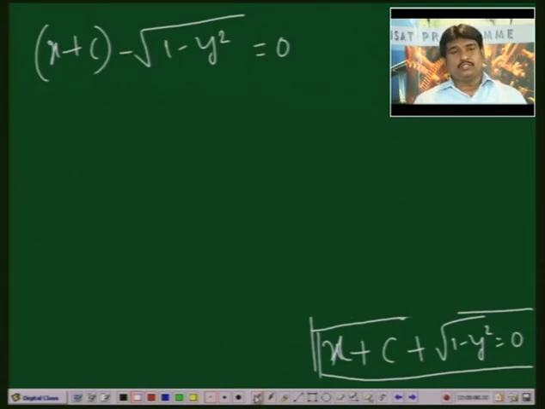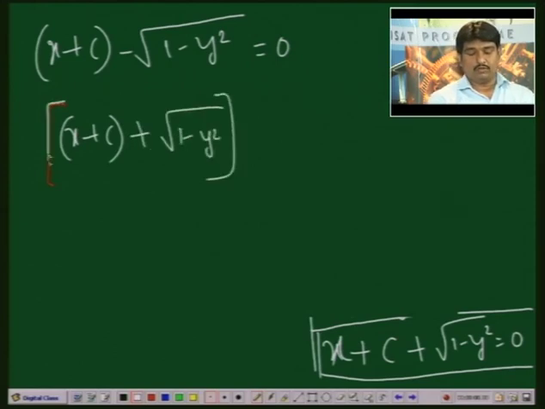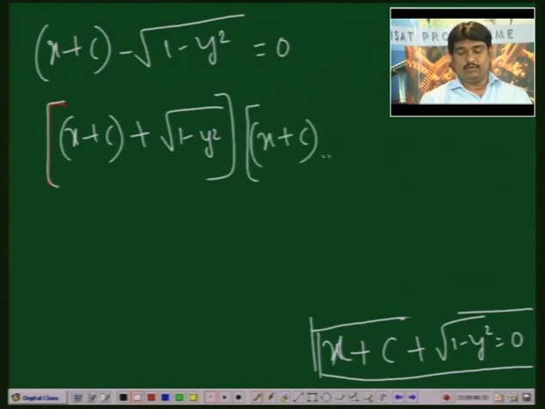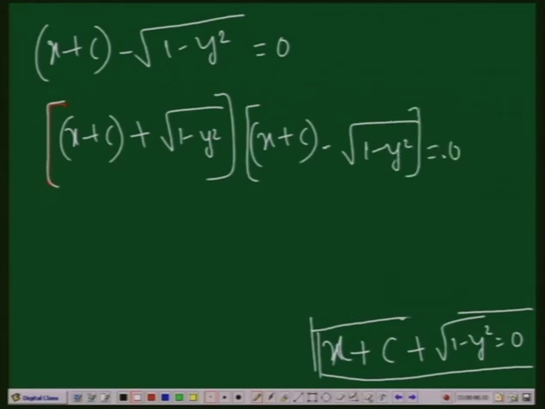And as you know, the general solution is a product of these two solutions, that is x plus c plus root of 1 minus y square into x plus c minus root of 1 minus y square equals to 0. This is a general solution of the given differential equation.